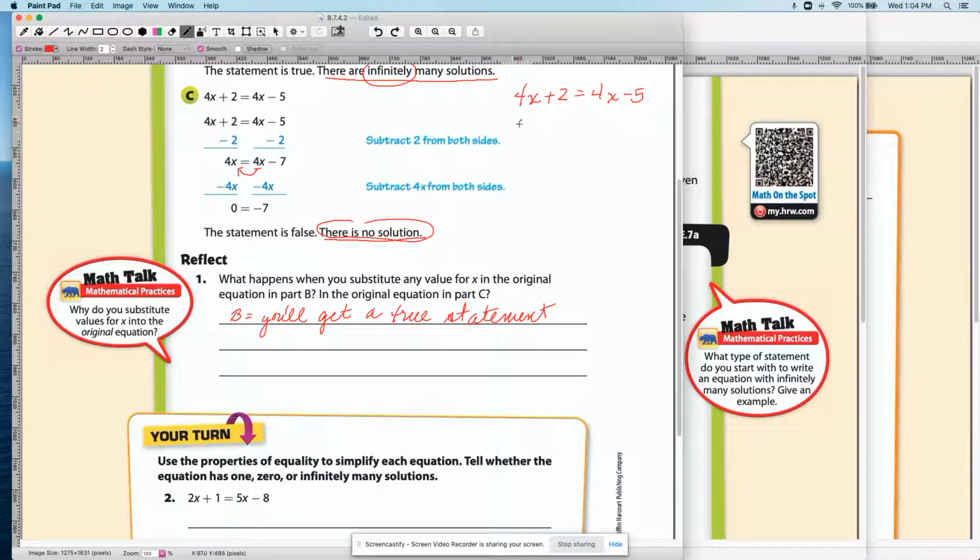So I'm going to plug in 0. 4 times 0 plus 2 equals 4 times 0 minus 5. Any number times 0 is 0, so I have a 2 here. Any number times 0 is 0, and I have a -5 here. Does not work. So the answer to this question in part C is you will never get a true statement.